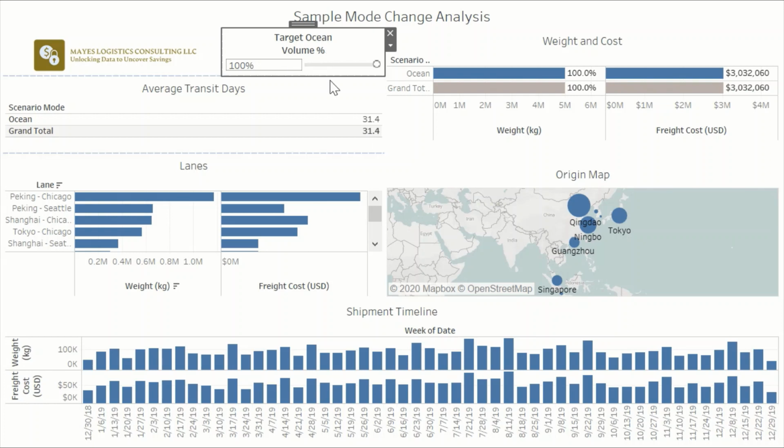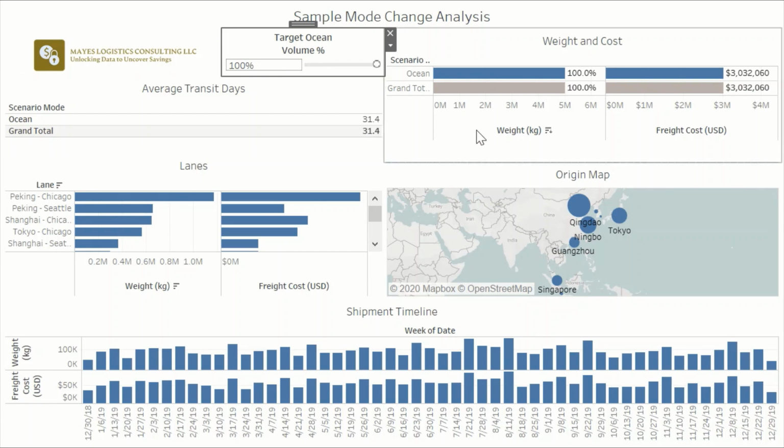But this scenario is probably not realistic in any case, because you're going to want to keep some air shipments in the network to, one, either account for demand variability, or number two, to ship some of the higher value goods to keep inventory costs down. And this type of analysis should be conducted in conjunction with an inventory analysis to determine exactly how much volumes should continue flowing via air for those reasons.